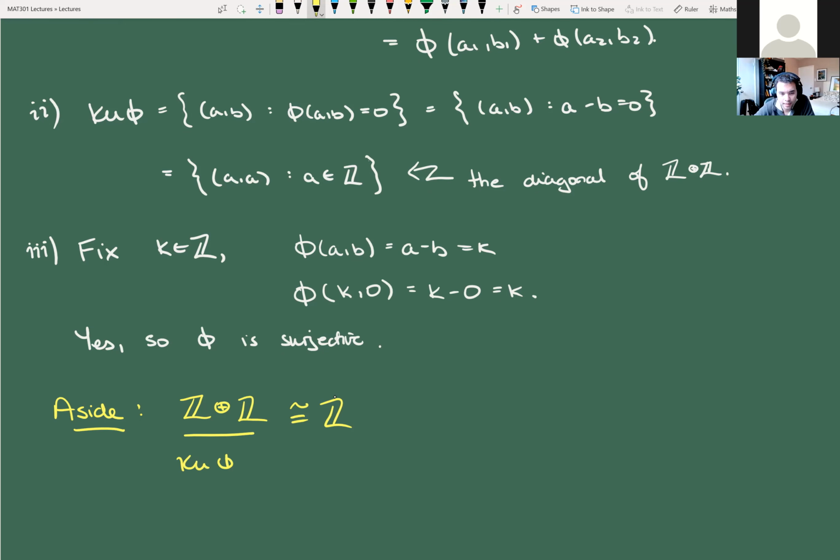But can someone tell me, when you look at that kernel of phi, is it obviously generated by an element? Is it cyclic? And is it generated by some obvious element in Z plus Z?